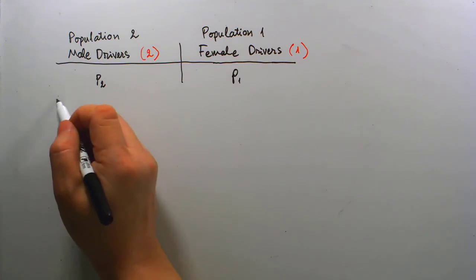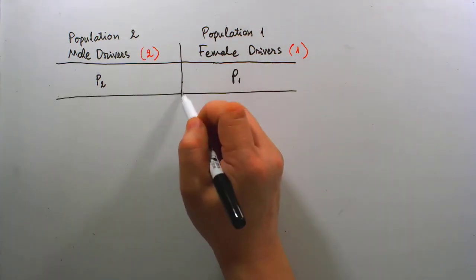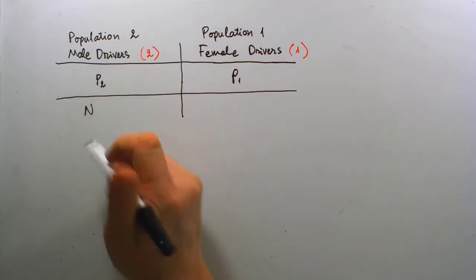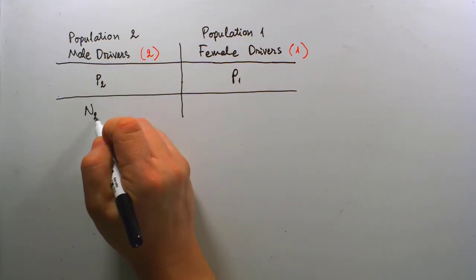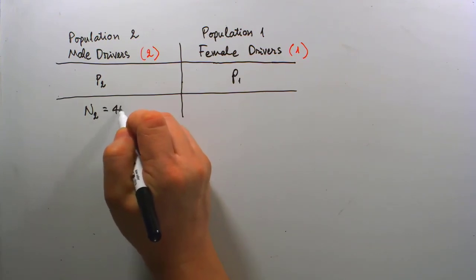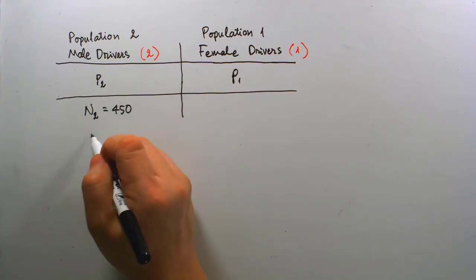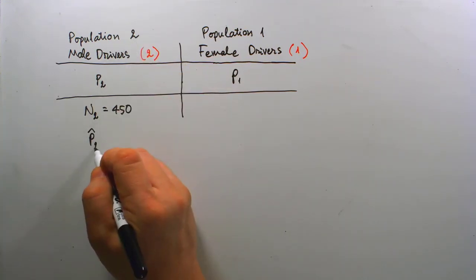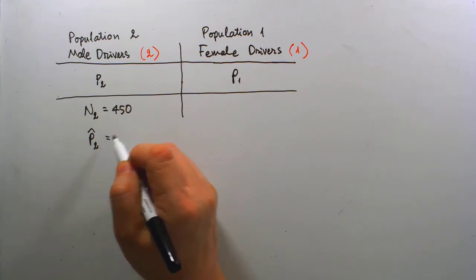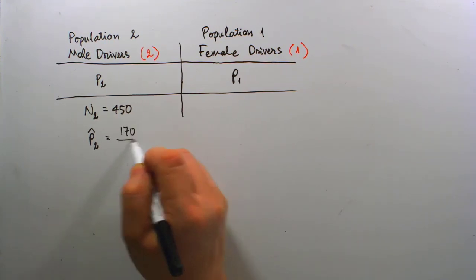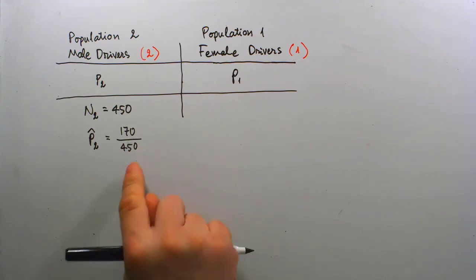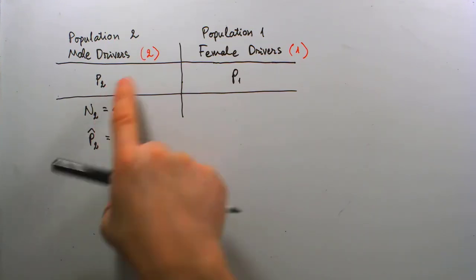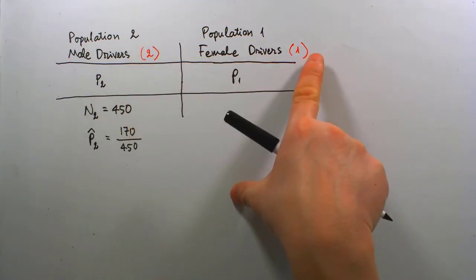When it comes to sampling information, the sample size from this population would correspondingly be N2, listed as 450 in the sample. The sample proportion we found from population 2 is now regarded as P hat 2, which was 170 over 450. So the information itself won't change.